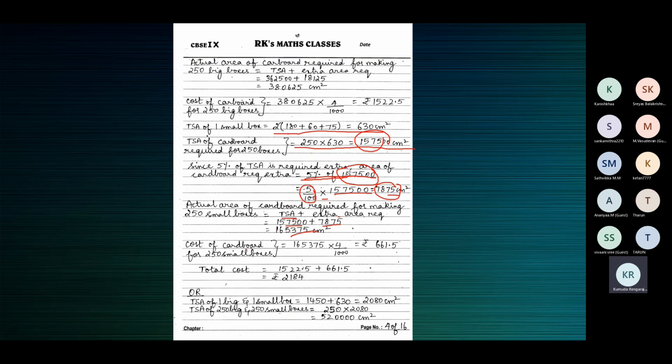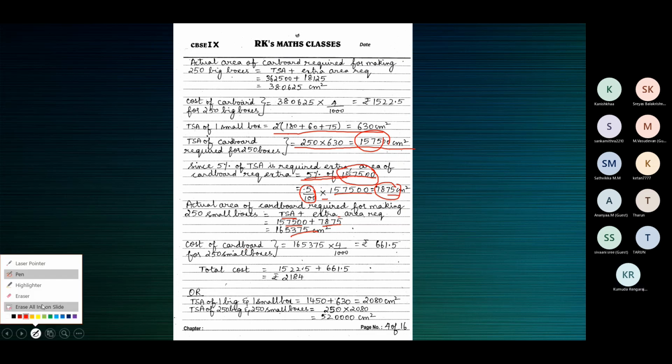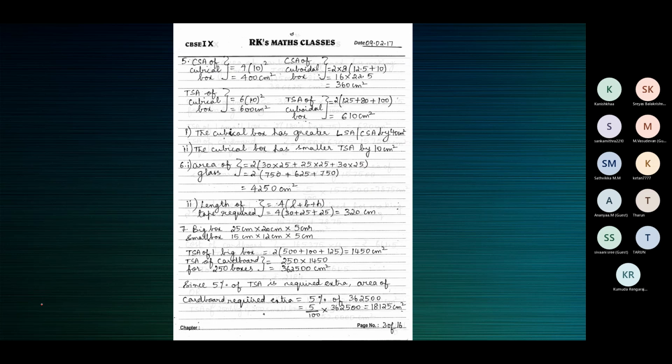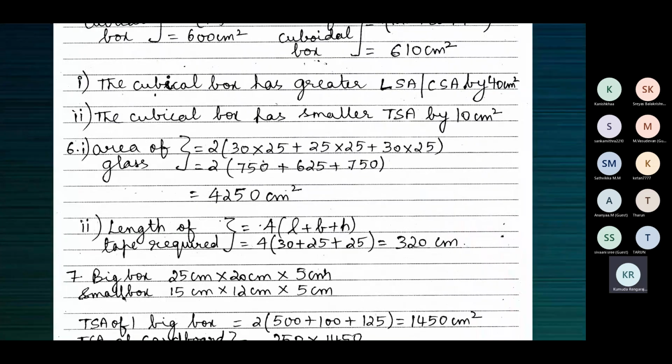Okay, so 2 sizes of boxes were required. The dimensions are given to you. What are the dimensions of the big box, children? Please read from the screen. 25 centimeter, 20 centimeter, and 5 centimeter, ma'am.